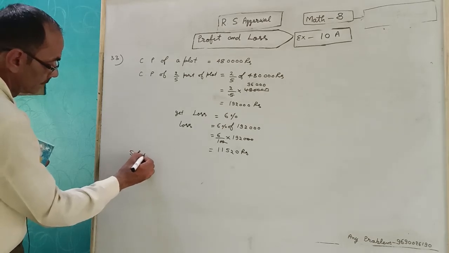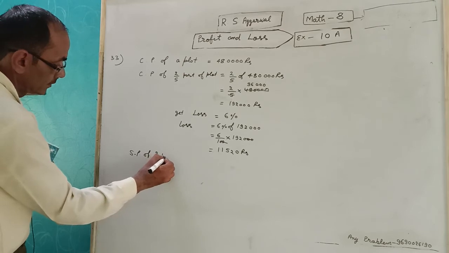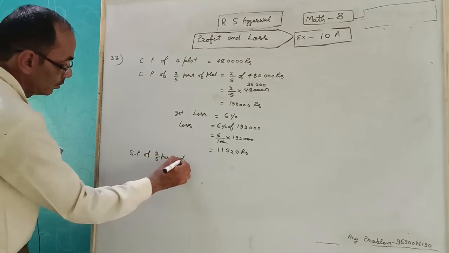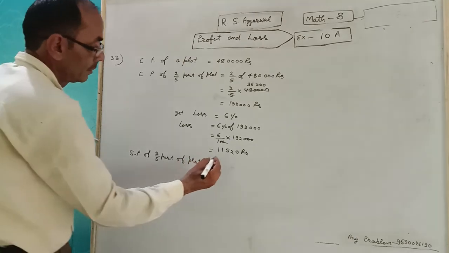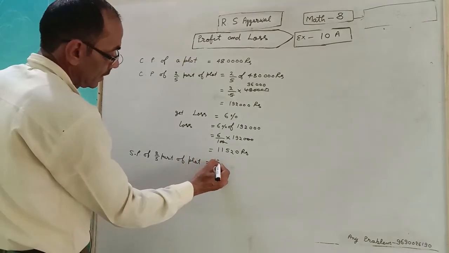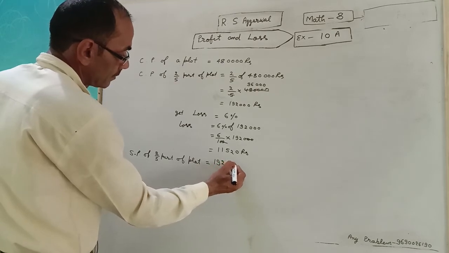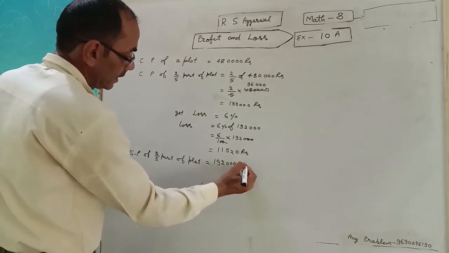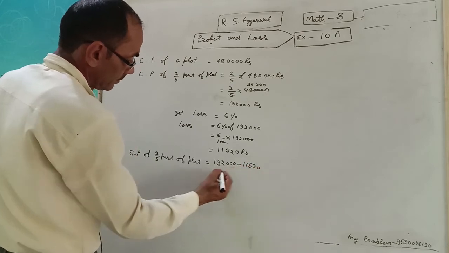The SP of the 2 upon 5 part of the plot will be 1,92,000 minus 11,520.